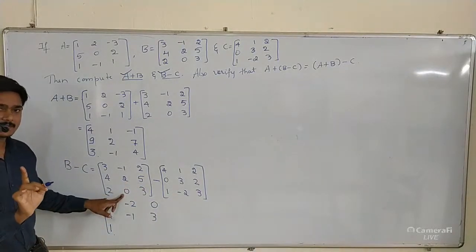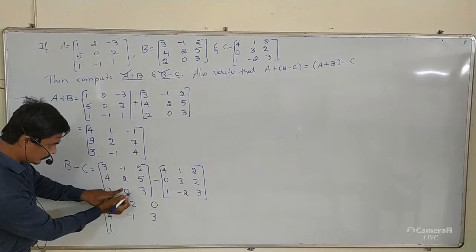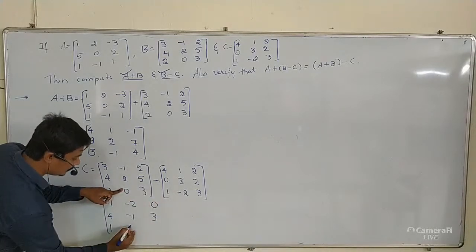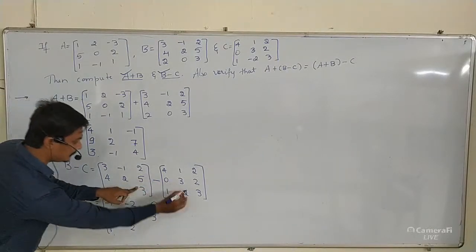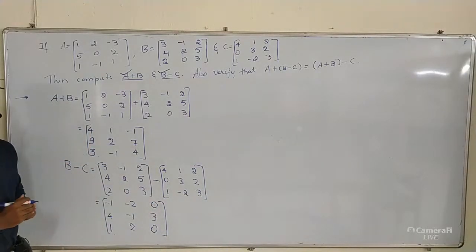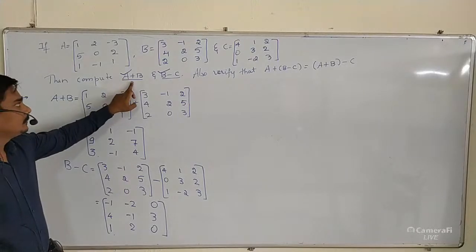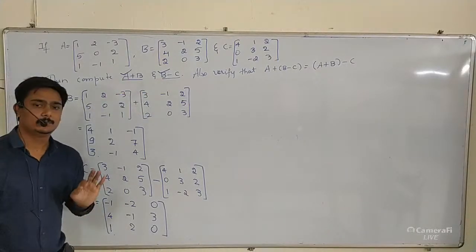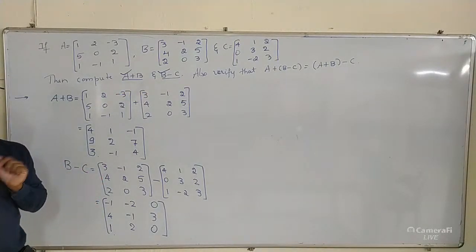Don't forget to consider the signs. Here it is 0, minus into minus plus 2. 3 minus 3, it is 0. So we have computed the A plus B matrix as well as the B minus C matrix.